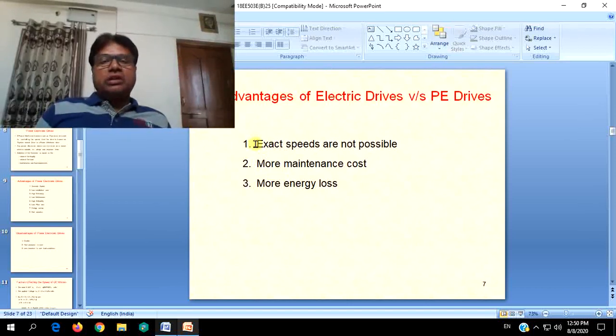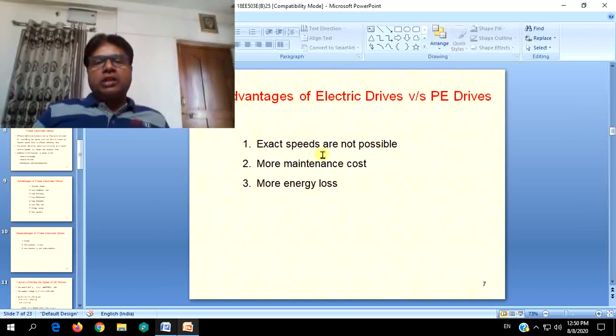When compared to conventional drives, you will have better precision and better accuracy, but again exact speeds are not possible when compared to power electronic drives. In the case of power electronic drives, you can achieve exact speeds.